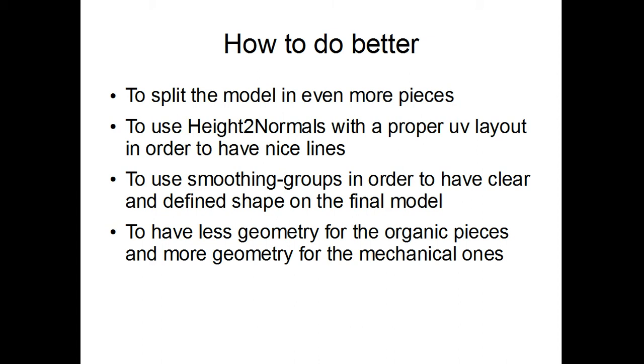I would use smoothing groups in order to have clear and defined shapes on the final model, and I would like to have less geometry for the organic pieces and more geometry for the mechanical ones.